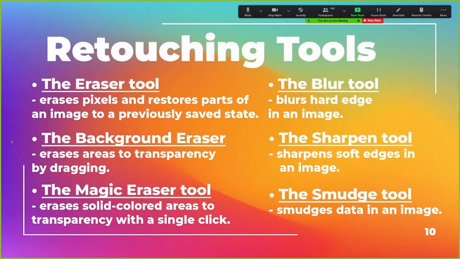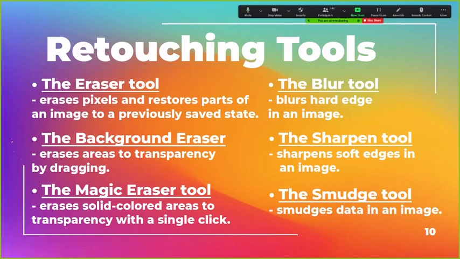And then, the magic eraser tool erases solid colored areas to transparency with a single click. And then, the blur tool blurs hard edges in an image. The sharpen tool sharpens soft edges in an image. The smudge tool smudges data in an image.